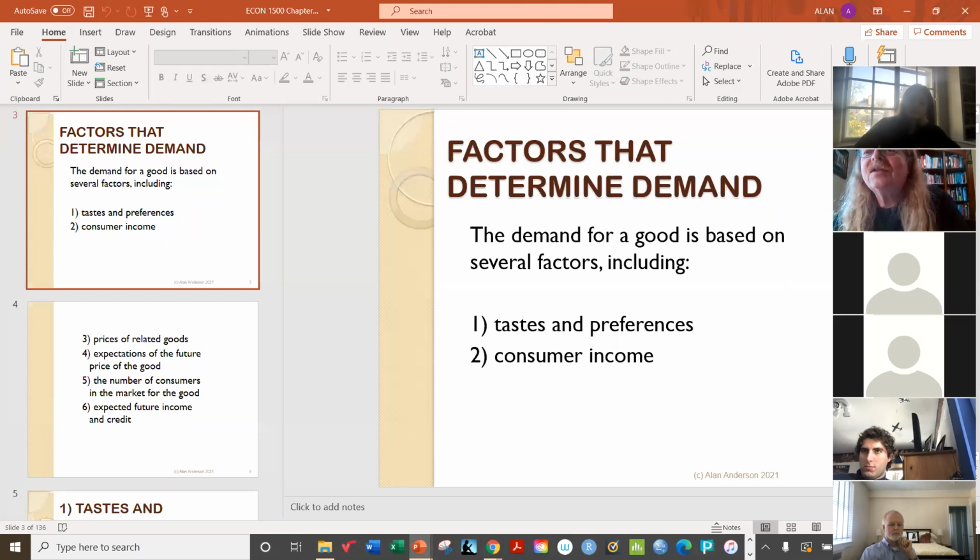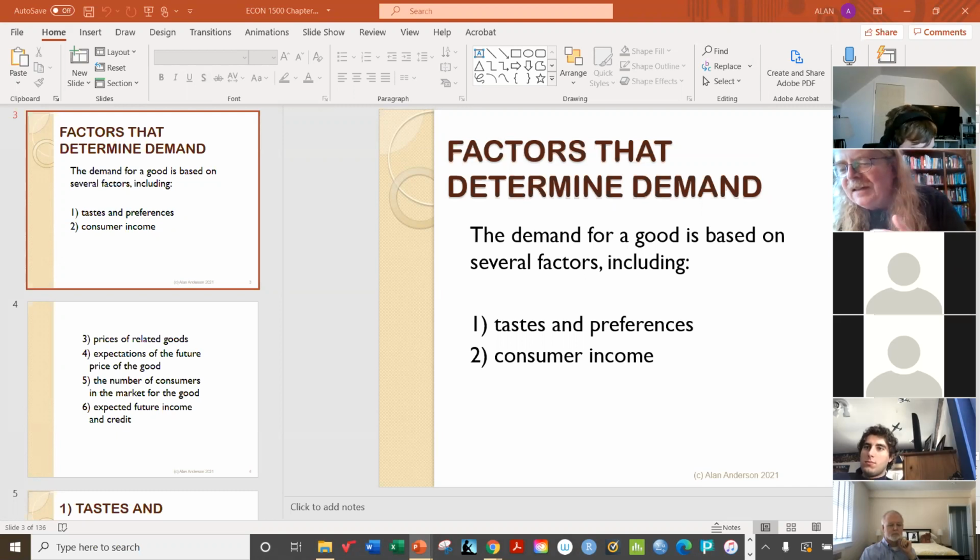Do you like things to be sweet? Yes, sometimes, but not like when you were a kid. Okay, so your tastes will change over time. So your demand, for example, for Lucky Charms is probably lower than it was when you were 8. Would you agree? Would you say that's a fair statement? Yes. Good. Okay, so your tastes do change over time.